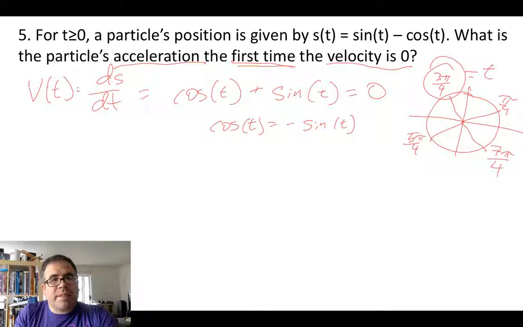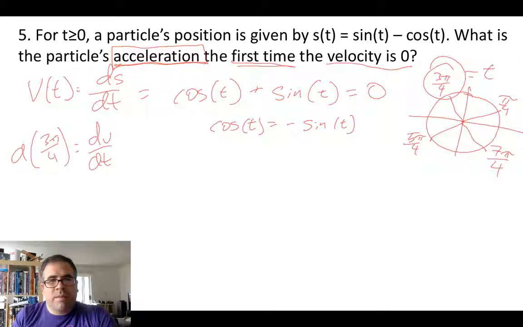What is the acceleration the first time the velocity is 0? So we want the acceleration at 3 pi over 4. Well, the acceleration is the derivative of the velocity. We have our velocity here, so the derivative of cosine is negative sine, and the derivative of sine is cosine.